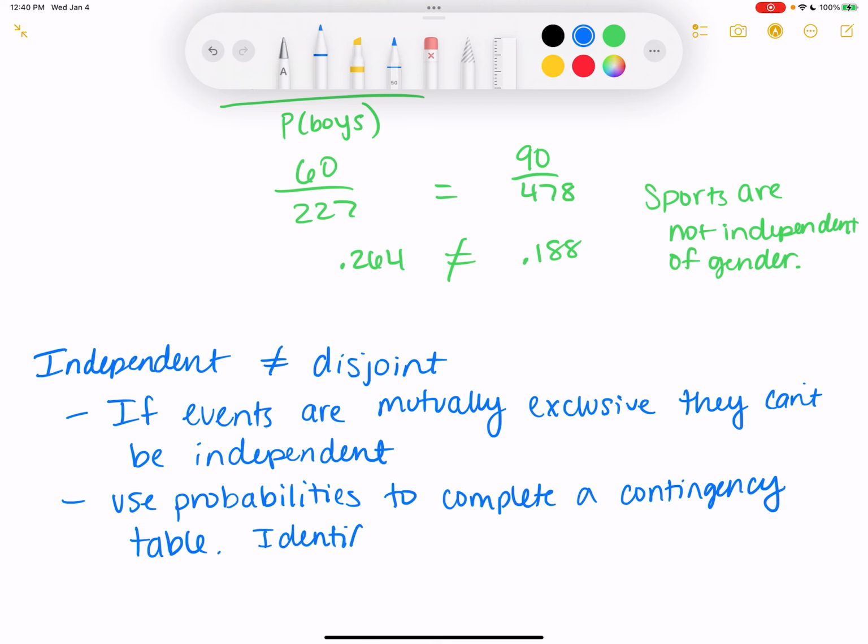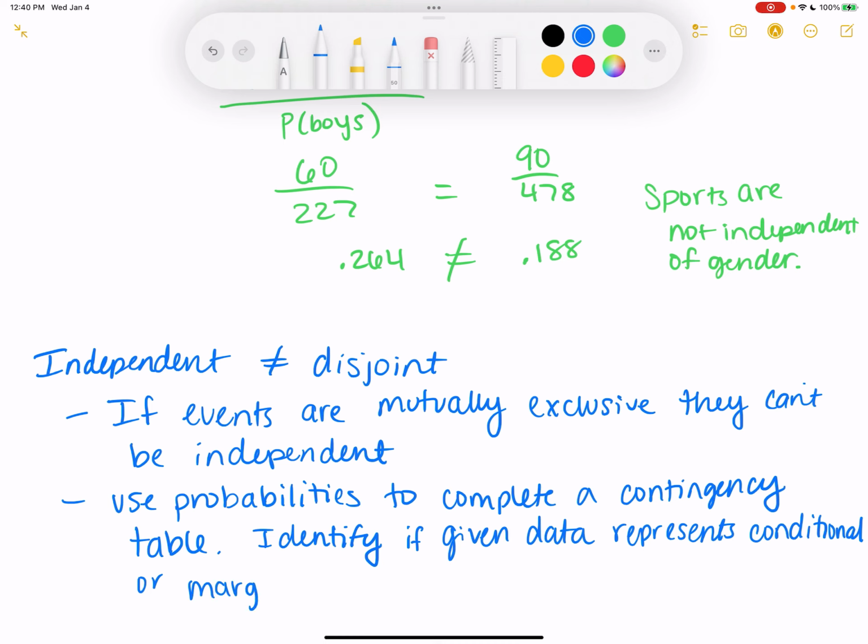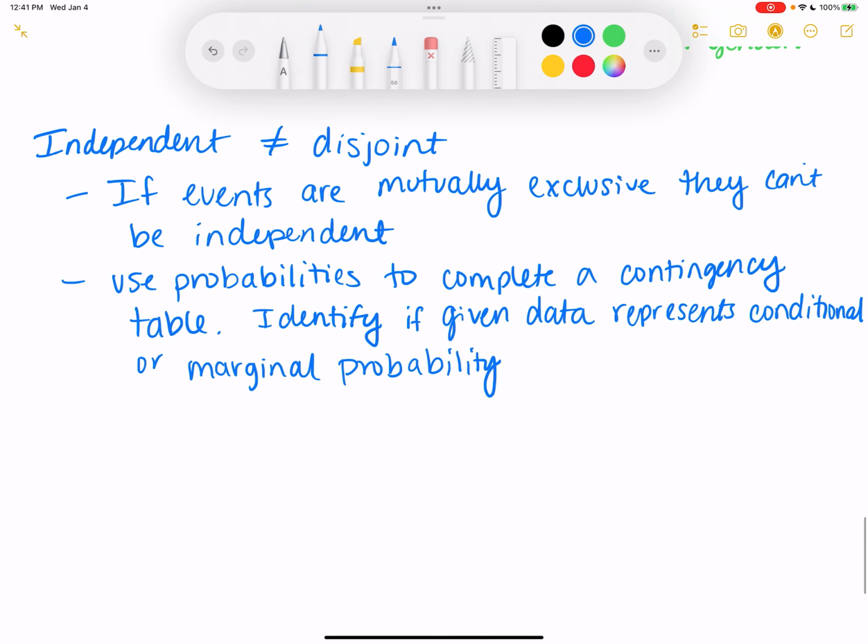Identify if the given data represents conditional or marginal probability. So we'll look at an example of that.